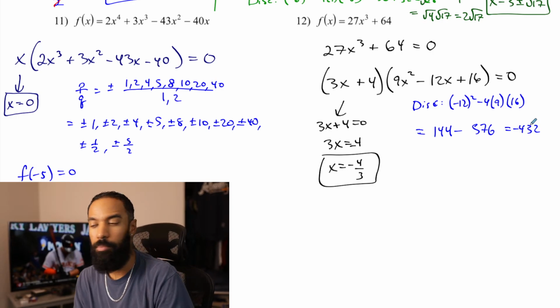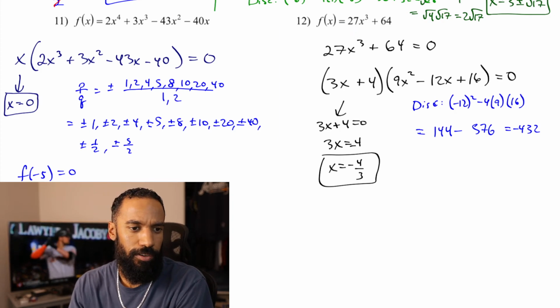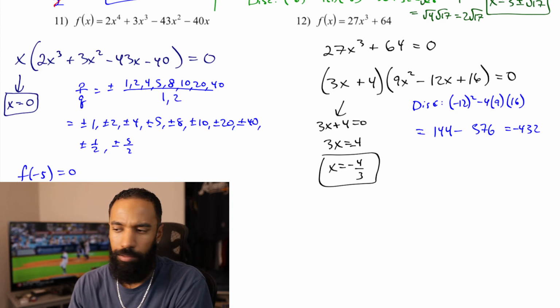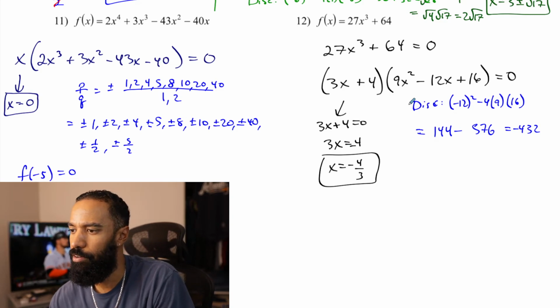Boy, pretty big number there that I'm giving you guys, but it's a part of it. Let me make sure of that. 144 minus 576. Yeah, negative 432. Okay, so negative 432.